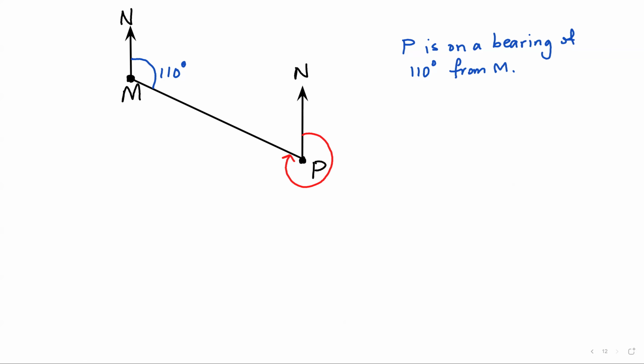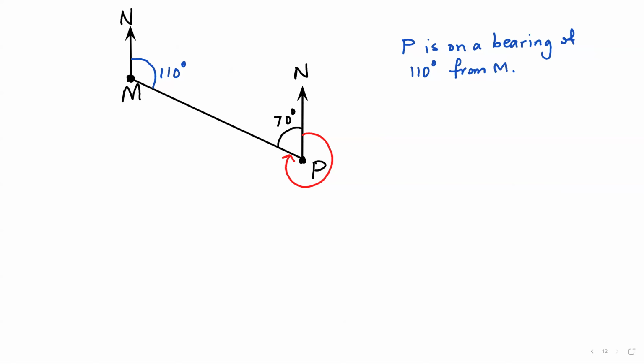Now, in order to find that angle, what I would say is 180 minus 110 because these two north lines at M and P are parallel to one another. And if they are parallel and this line MP is the transversal, these interior angles add up to 180 degrees. So therefore, this angle here on the inside is 70 degrees because it'll be 180 minus 110.